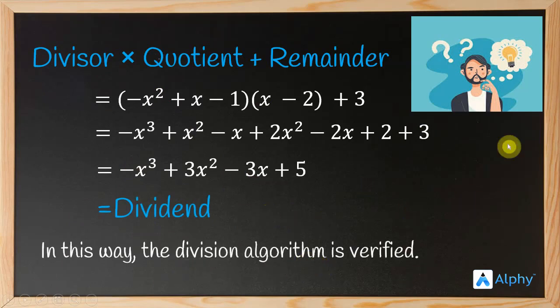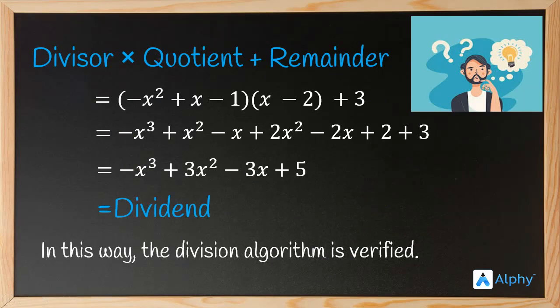So you can see that here we have done the verification part, and what we have done is that we have taken one side of the general formula and we have put in the values and then we have reached the dividend. So this is a very interesting way to verify the division algorithm, and I hope that you are going to use this method.